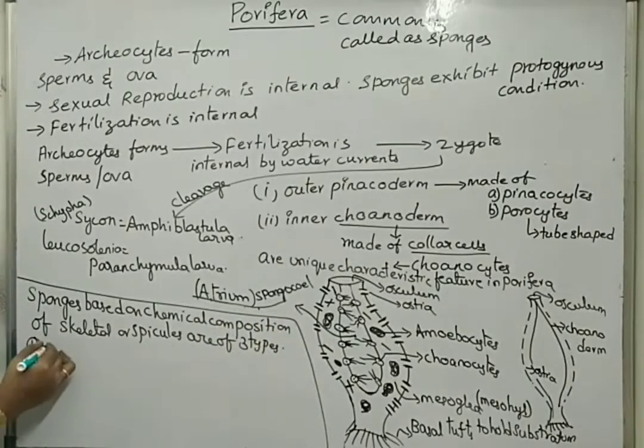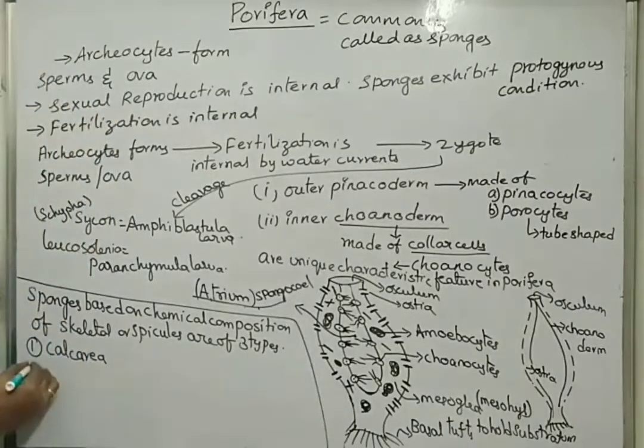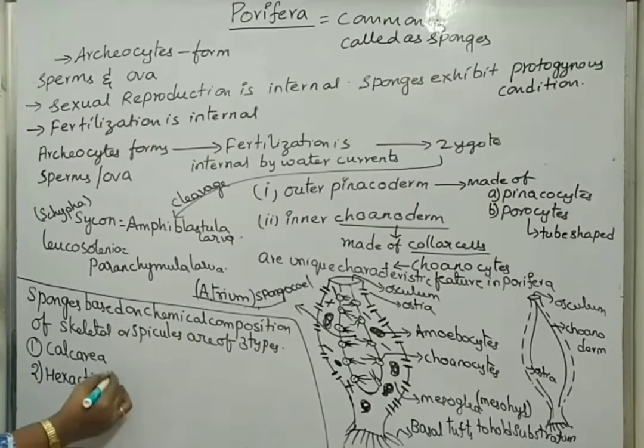We can say three classes. One is Calcarea, second one is Hexactinellida, third one is Demospongiae.